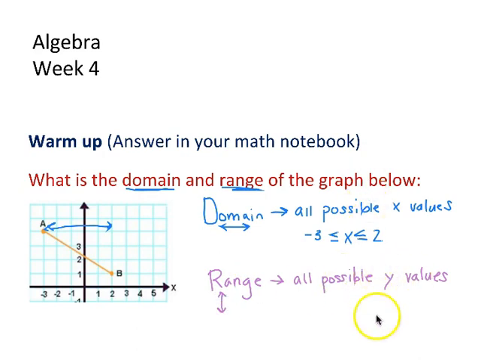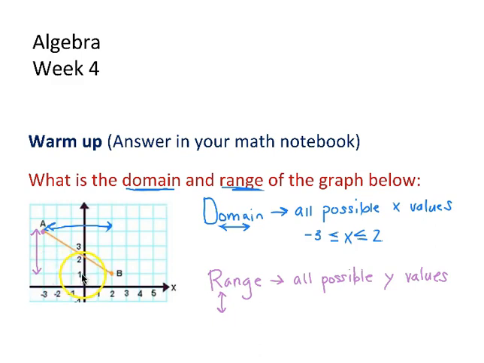Y is talking about up and down values. So let's take a look at this graph. From A to B, now we're looking at our vertical range here. From A, and remember it's a closed value, all the way down to B, where B ends right here. This is all of our vertical values that we can have.